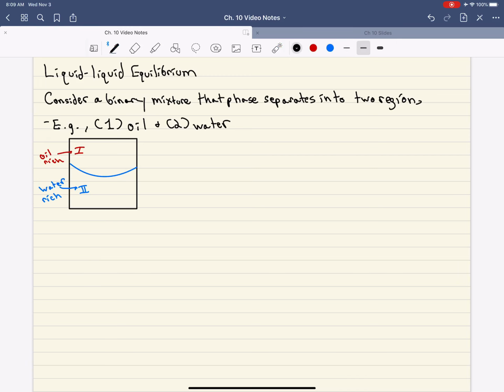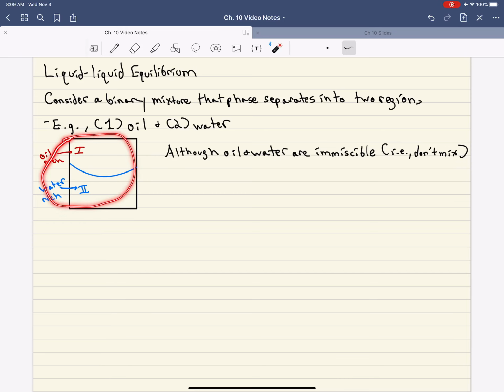That's because although oil and water are immiscible, which is just another way to say they don't mix, if you have a mixture of the two, the top domain is not going to be entirely oil, and the bottom domain is not going to be entirely water. So neither phase is pure, if you will.